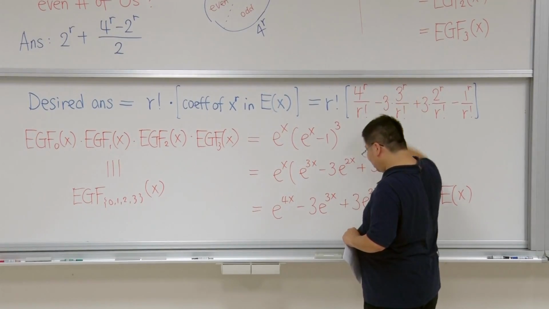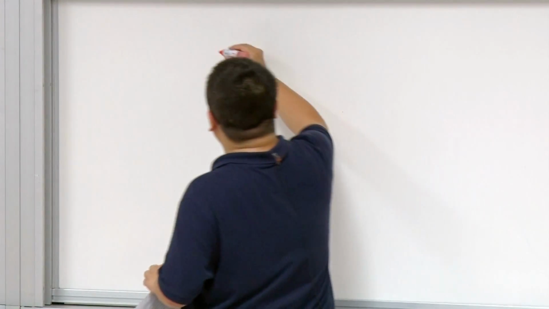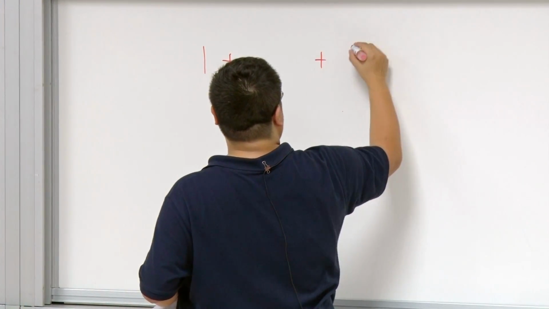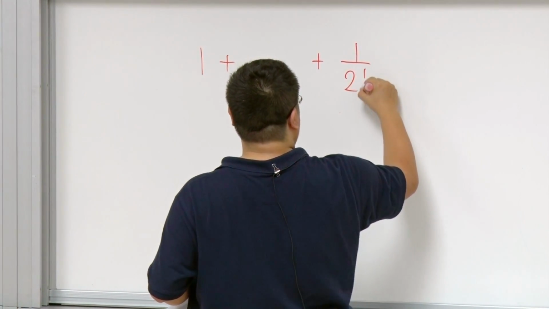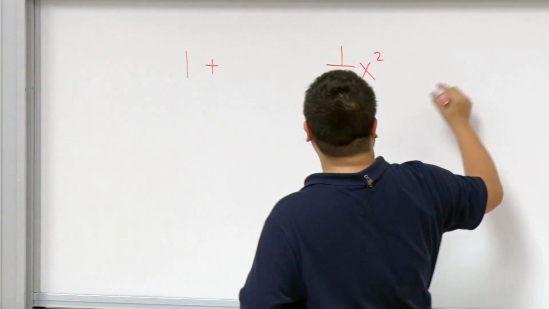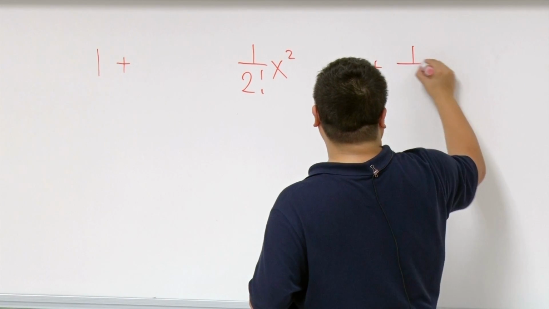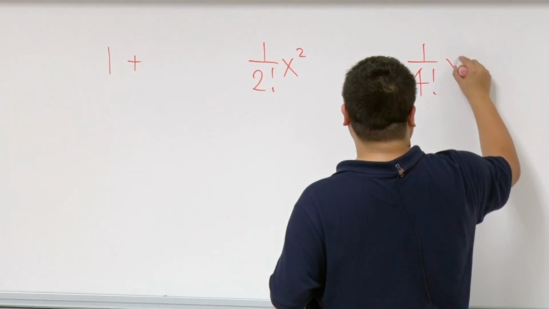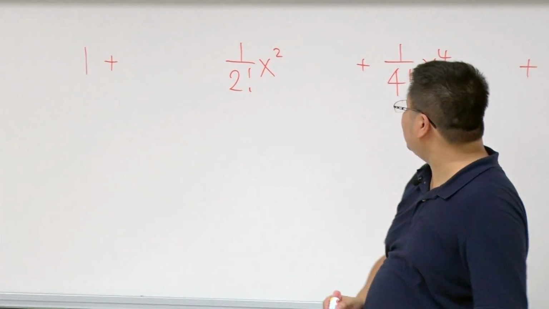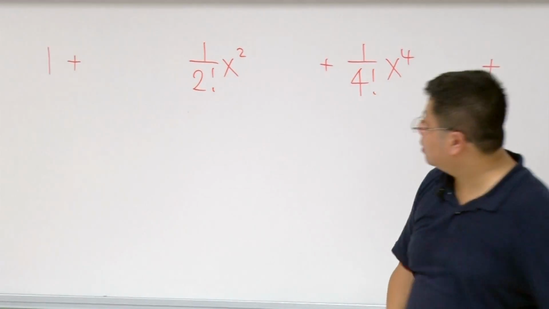This is going to be a useful technique. So let me write down what we want to get. We want to get 1 plus 1 over 2 factorial x squared plus 1 over 4 factorial x to the 4 plus, this is the EGF for 0 that we are looking at.